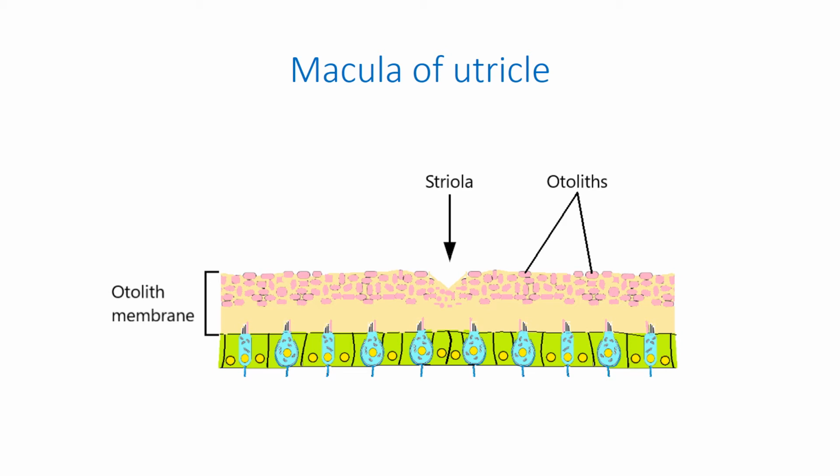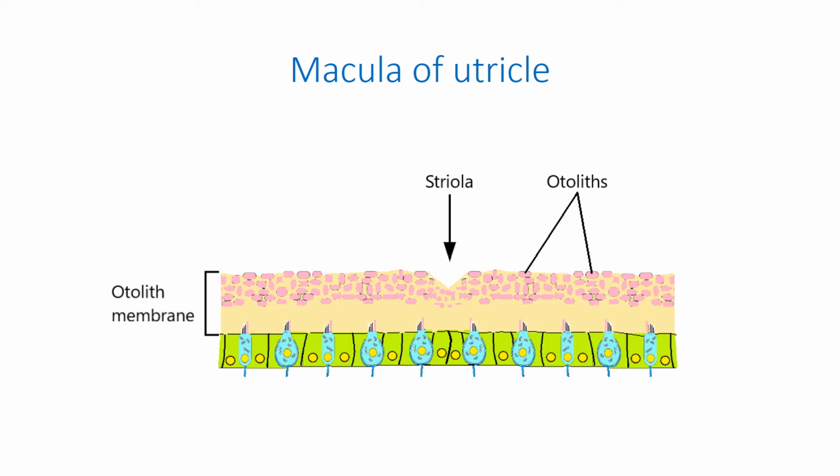Vestibular hair cells of the utricle and saccule are characterized by polarization relative to the so-called striola, which divides the maculae into two opposite groups. In the striola, the otoliths are very small, and the thickness of the otolith membrane is either reduced in the utricular macula or increased in the saccular macula.